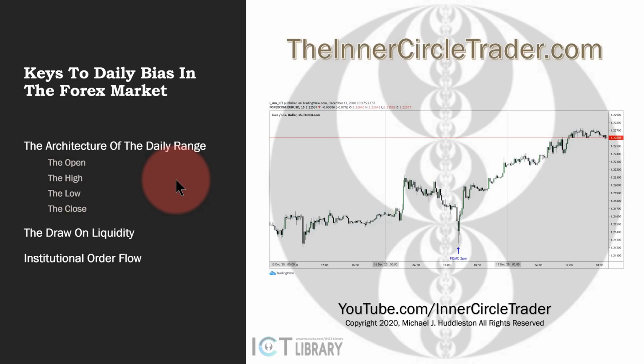And if you operate in that context, you're going to find that it's not as hard as you think it is right now. All these things I've given to you here are not trying to complicate bias. I'm just trying to show you all the factors, and these aren't all of them, but there are other factors that lead to understanding when the bias is bullish or bearish for that very day.